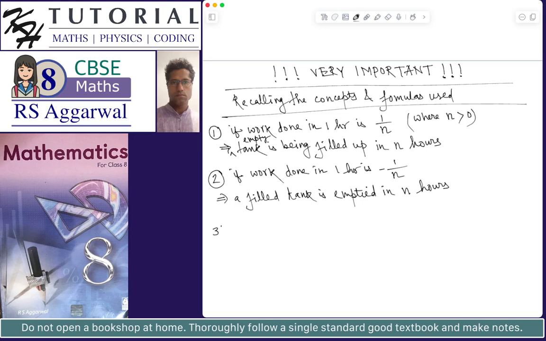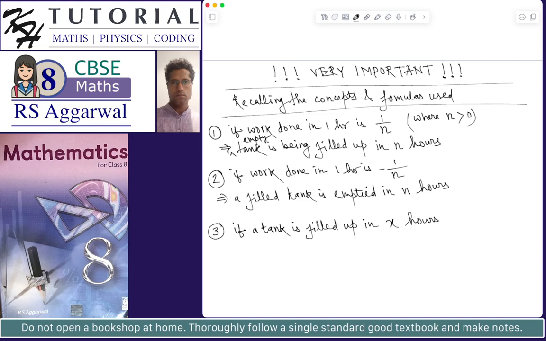The next concept is, if a tank is filled up in x hours by 1 pipe, 2 pipes, 3 pipes, that does not matter.